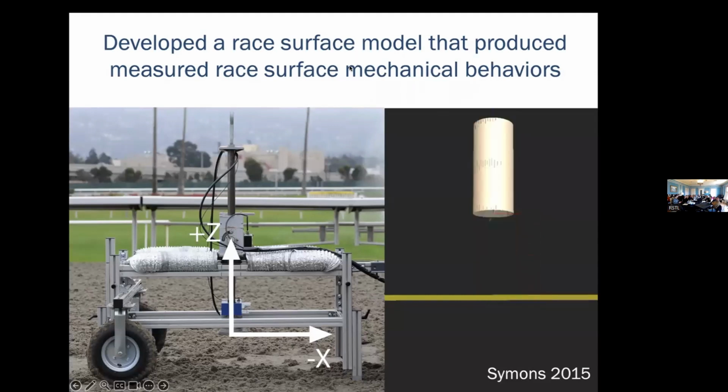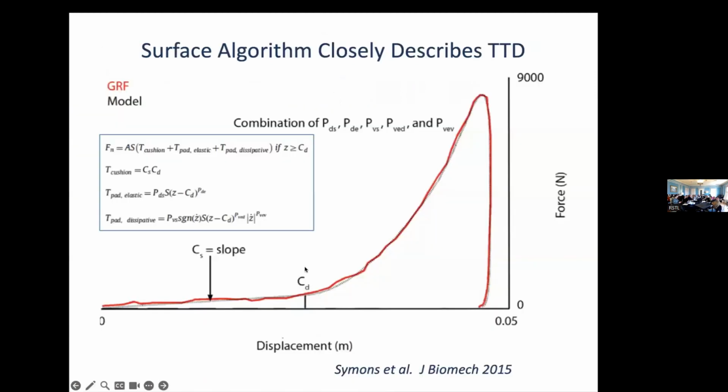But we've done computer models of impacts to the surface. Here's our computer simulation with an overlay of the actual force displacement impact. We can model the surface based on displacement through the cushion, and elastic and dissipated behaviors of the pad. So we've got the cushion down here, and the pad in this location.